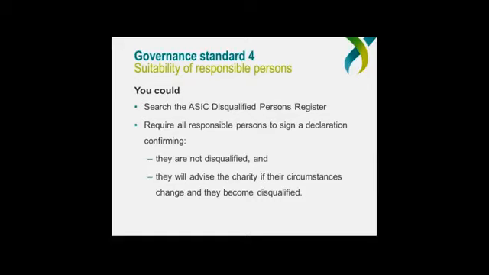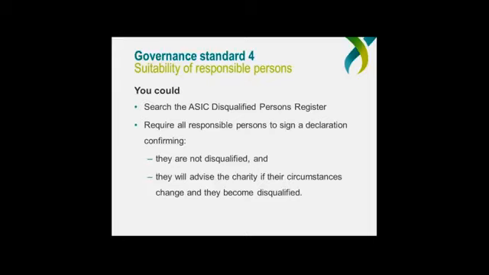Although the ACNC and ASIC can disqualify persons, and we will list these persons on our respective registers, persons can also be automatically disqualified from managing corporations. And if you're automatically disqualified, you're disqualified under this standard, but you don't actually appear on the ASIC list.